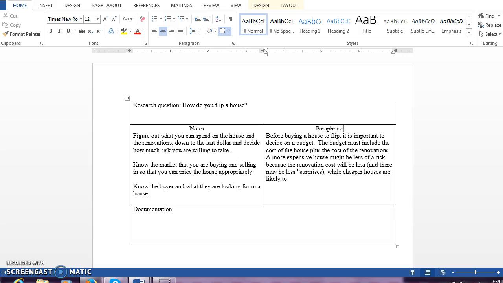A more expensive house might be less of a risk because the renovation costs will be less and there may be fewer surprises, while cheaper houses are likely to need significant renovations, which also means time. Okay, so that's talking about the risk. So I put some of my own words in there too to really make sure it was my own. Okay, and then the last thing that comes is the documentation.